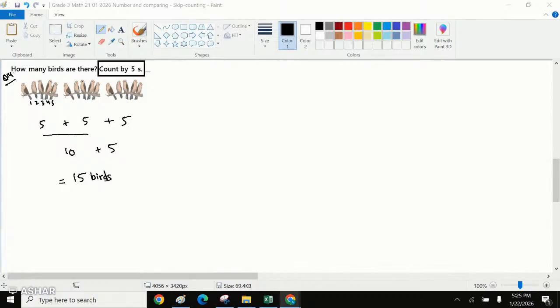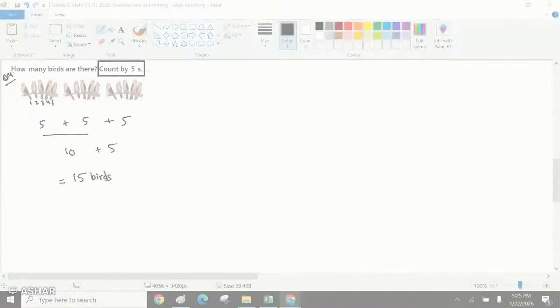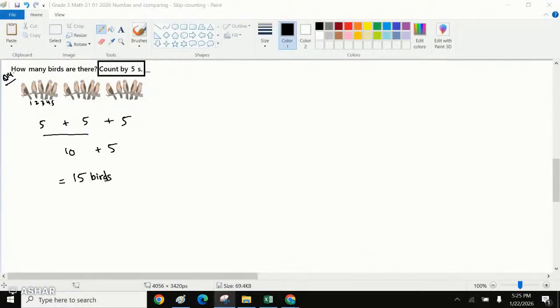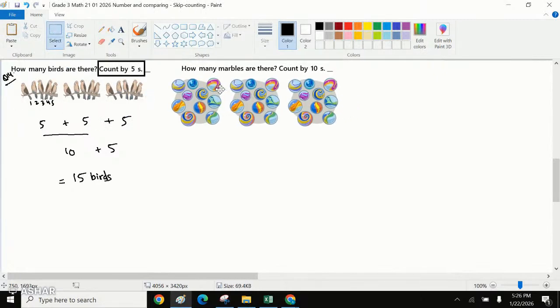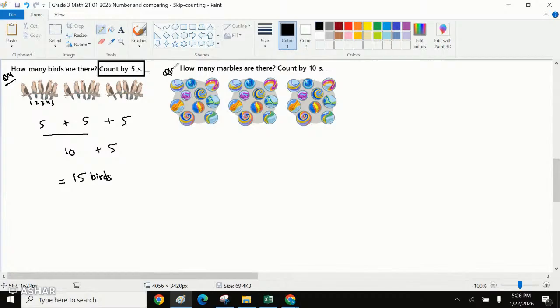Okay, let's have a look at another. Okay, this is good. How many marbles are there by the count of 10? Okay. How many marbles are there by the count of tens? So we can say there is 1, 2, 3, 4, 5, 6, 7, 8, 9, and 10. That means each of them have 10 marbles because we need to do the count by tens.